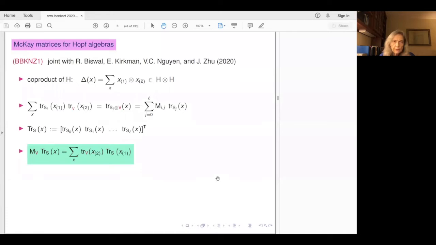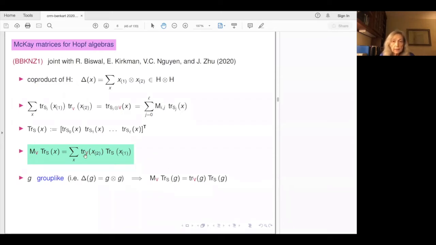So if you can find some elements of your Hopf algebra where the coproduct is relatively simple, then you might have a chance of getting eigenvectors. One type of element are these group-like elements, where the coproduct is just the tensor product of the element with itself.